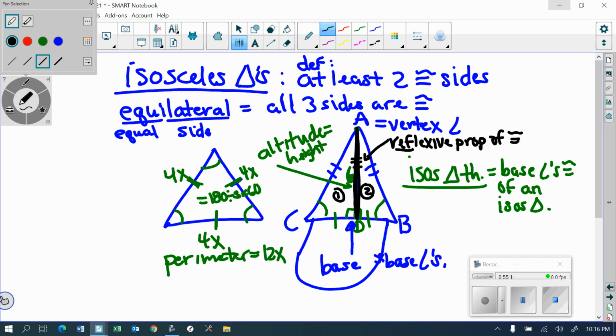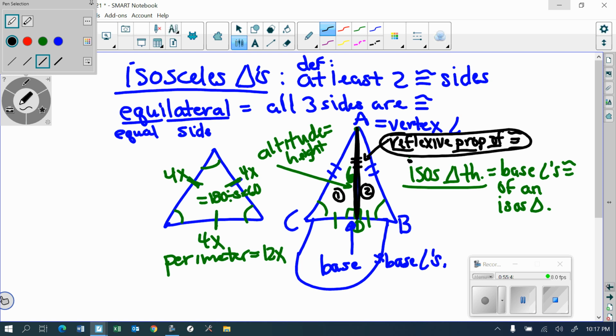I could have just said REF for reflexive prop of congruence. If I ever say a side is congruent to itself or an angle is congruent to itself, the reason is reflexive property of congruence. We use that in proving triangles congruent when we actually do a proof. That's one of the free points you can get.